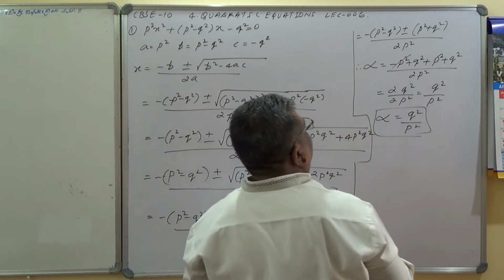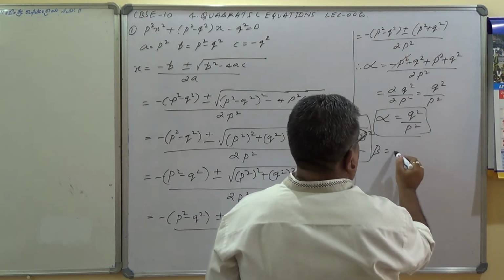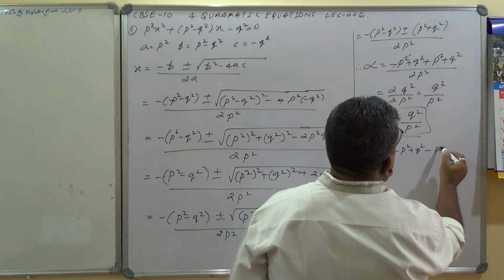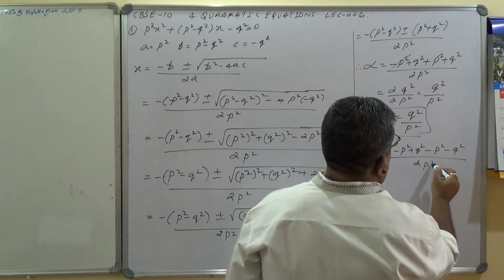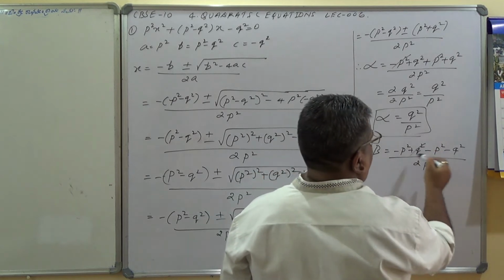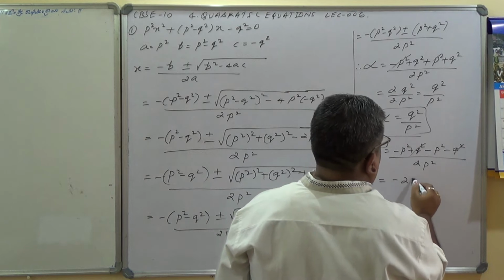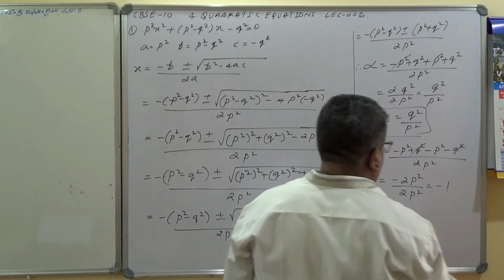What about the other root now? So beta equals, I will take minus this side, minus p square plus q square minus p square minus q square, the whole divided by 2p square. So the q square cancels. So beta equals minus 2p square divided by 2p square, which is minus 1.